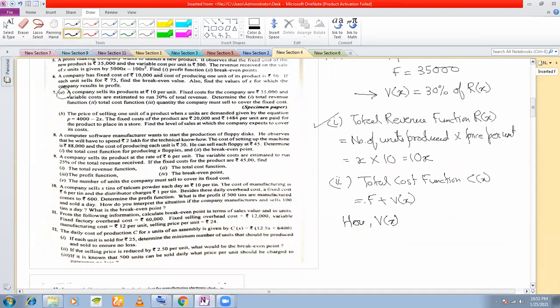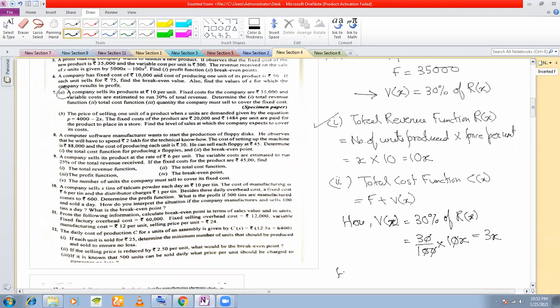Vx is equal to 30% of Rx. Rx we have found as 10x. So this cancels, and it is 3x. This is your variable cost.